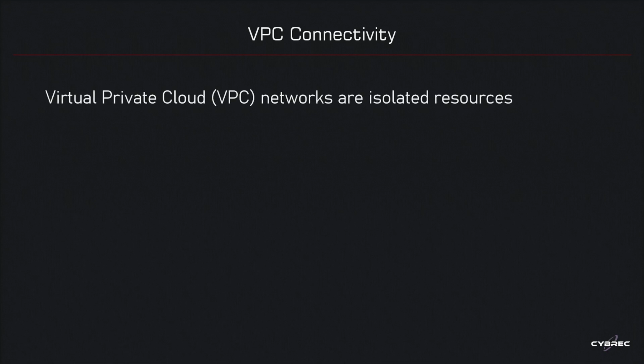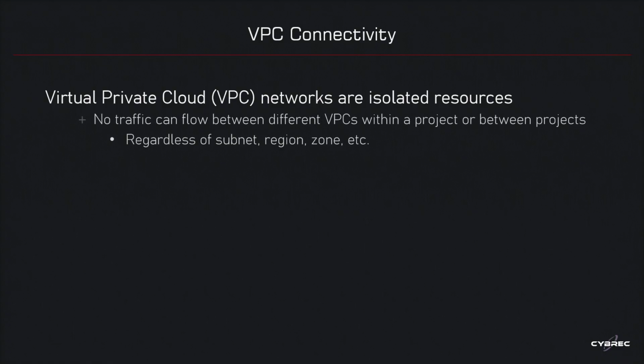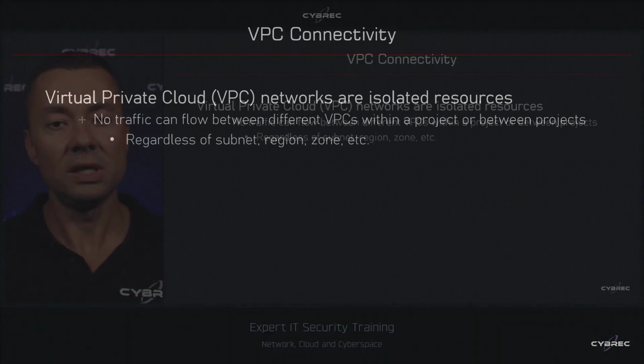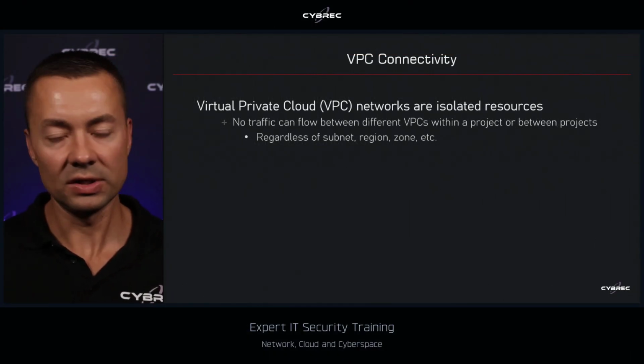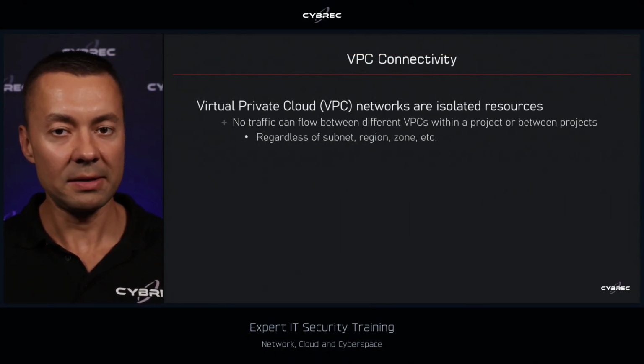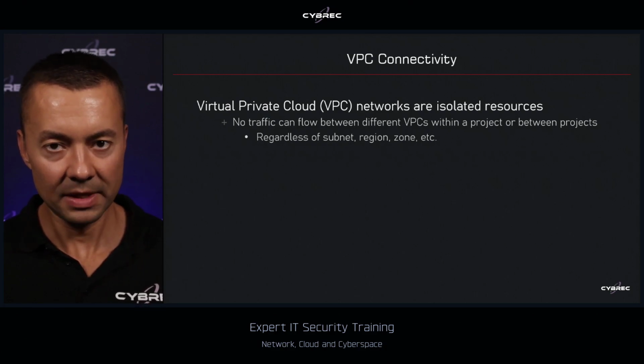When it comes to connectivity and VPC, or just virtual private cloud networks, remember that VPC networks are isolated resources, which means that no traffic, no communication can be established between two different VPCs, no matter if they are part of the same project or if those VPC networks belong to different projects.